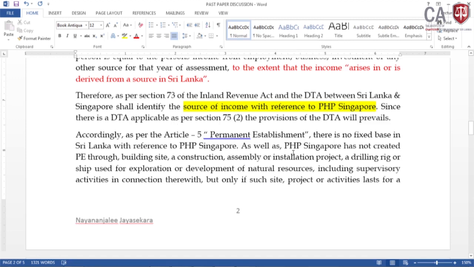As well, PHP Singapore has not created a PE through a building site, construction, assembly or installation project, a drilling rig or ship.